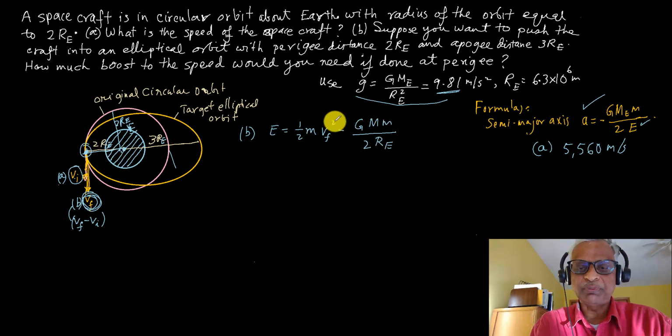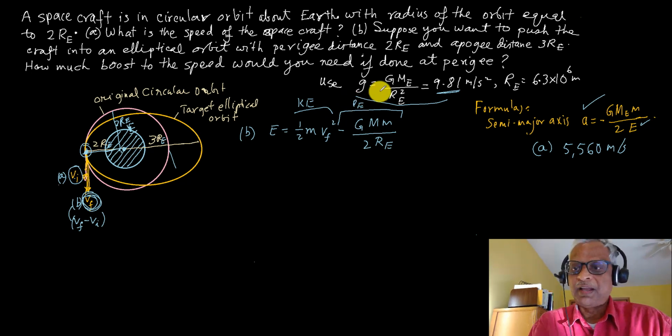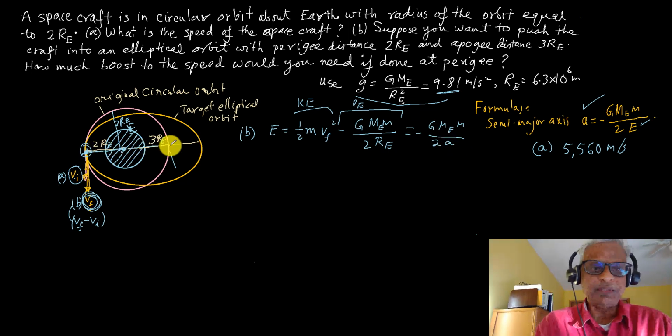So this is the kinetic energy, and this whole thing is the potential energy. And from this formula, this would be equal to minus G, the mass of the Earth, m over 2 times the semi-major axis. This is the entire axis from here to there, that's 2a.